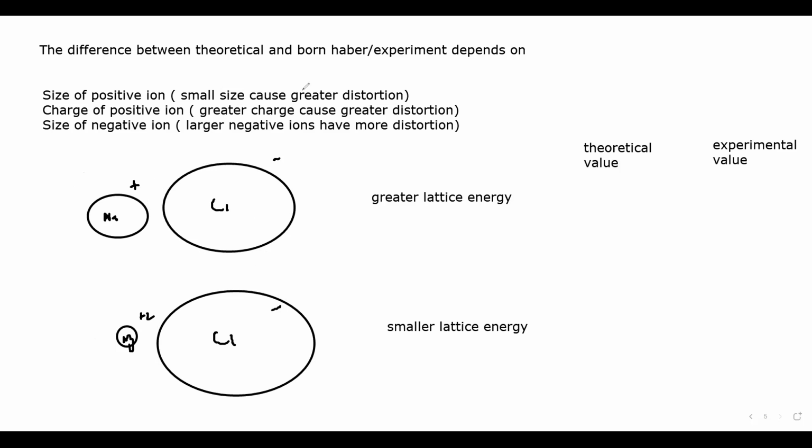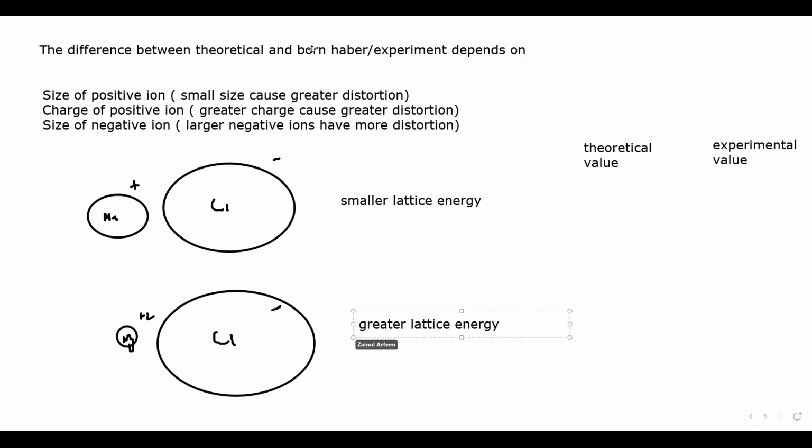Now when we compare the lattice energy, magnesium chloride will have a higher lattice energy than sodium chloride, because in magnesium chloride ions will be closer and the charge is higher.